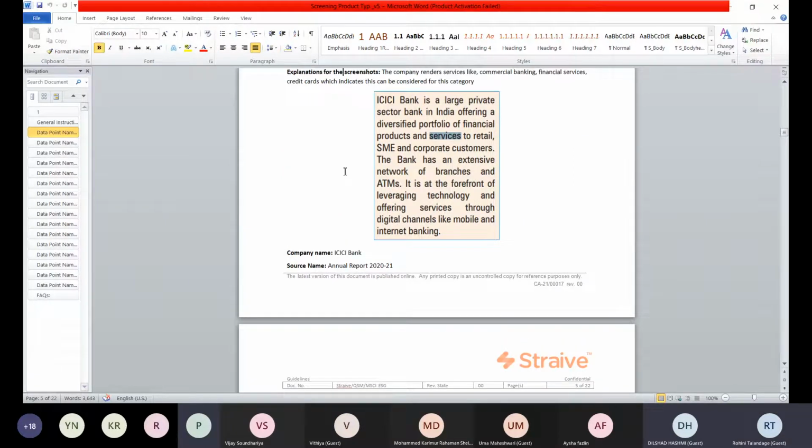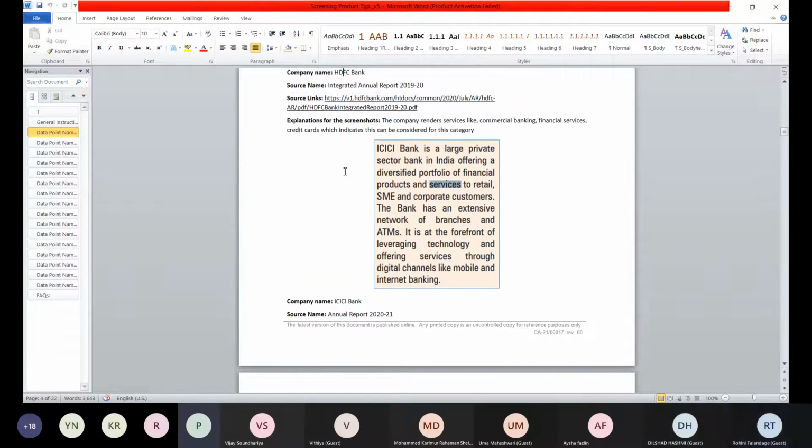So the second screenshot you can see here. Here also they are saying ICICI Bank is a large private sector bank in India, offering a diversified portfolio of financial products and services to retail.